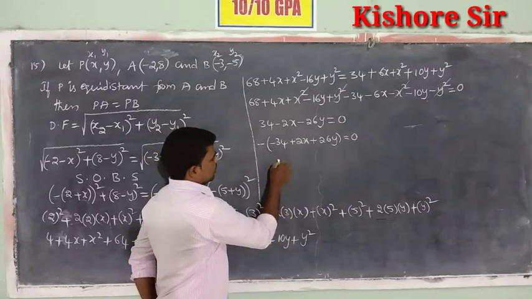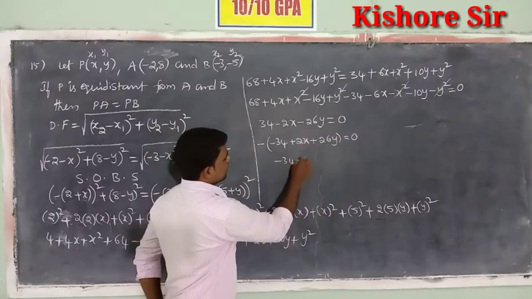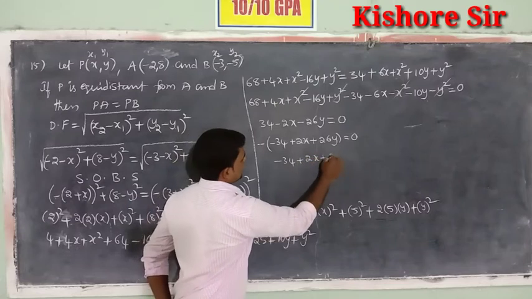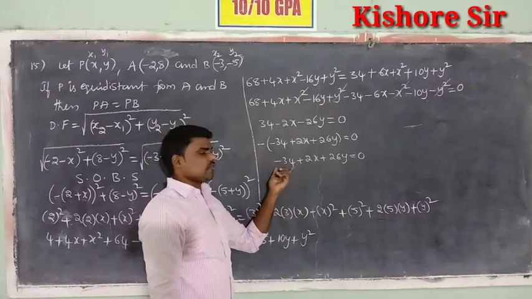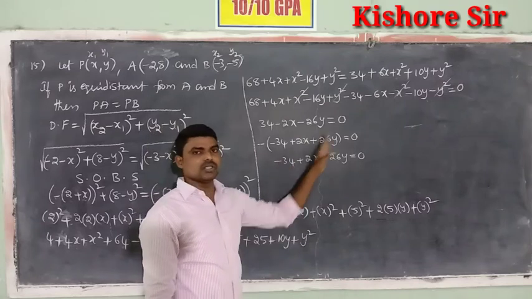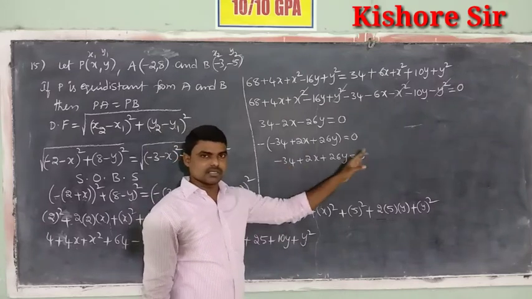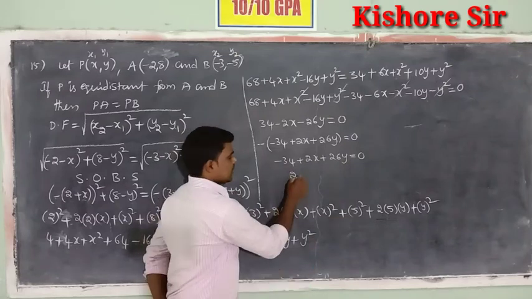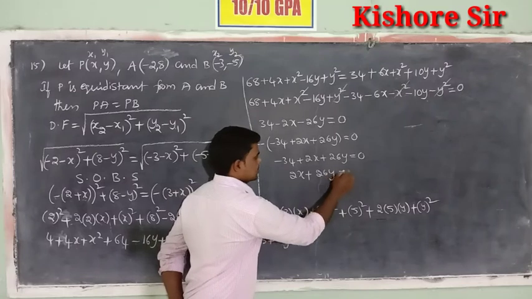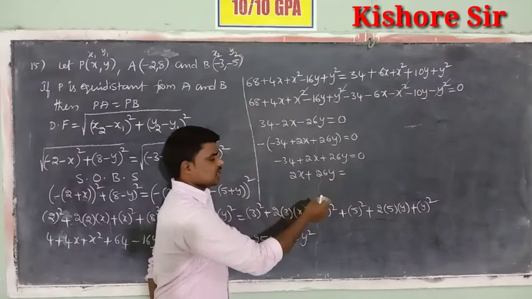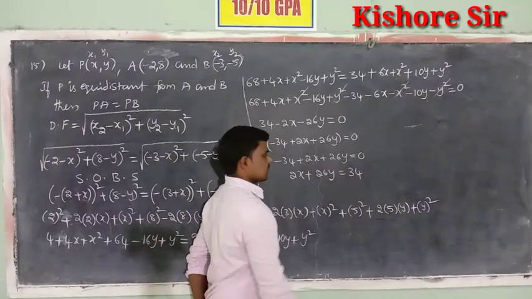Okay, so minus 34 plus 2x plus 26y is equal to 0. So transpose minus 34 from LHS to RHS. Minus quantity becomes plus quantity. So 2x plus 26y is equal to 34.